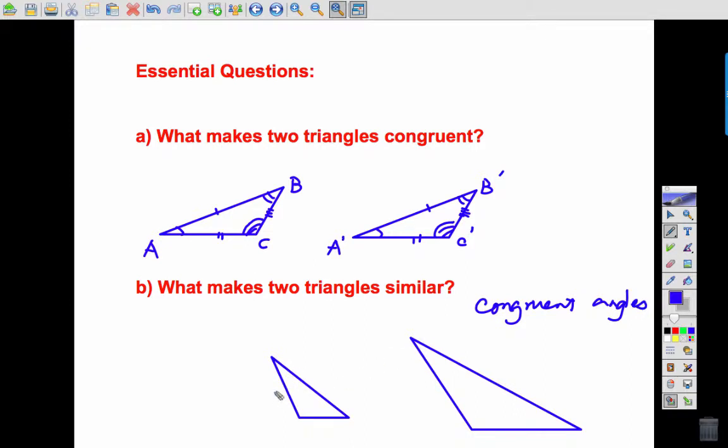And the sides, as we learned in the previous unit, have to be proportional. The way to verify that is to calculate the scale factor, so they have to have the same scale factor.